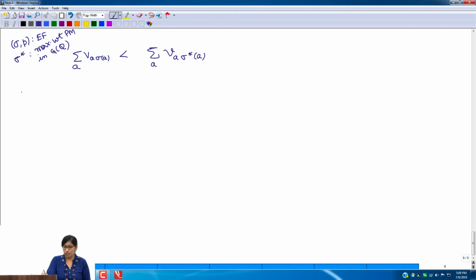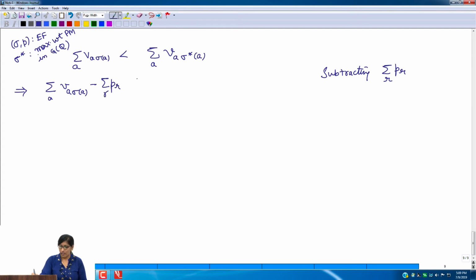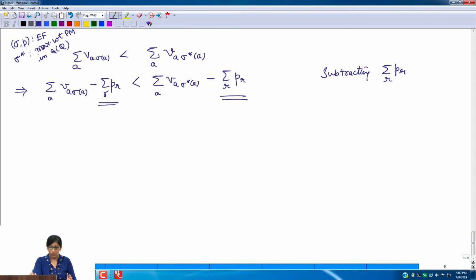So the proof is almost the same. I again do the trick of subtracting the summation of the prices from both sides. So this minus the summation of the prices is strictly less than the summation of V_A of sigma star A minus this quantity. I've subtracted this quantity from both sides, strict inequality prevails, and I do the same trick again.